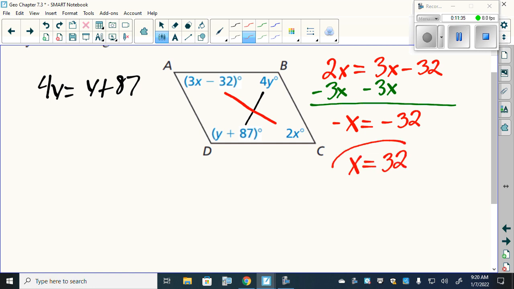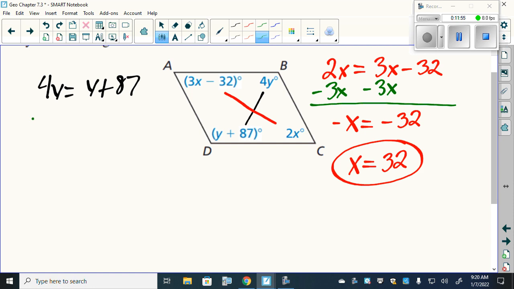Because if negative x is equal to negative 32, then positive x should equal positive 32. We could have also gone about it by multiplying both sides by negative 1 and gotten to the same thing. So we found the value of x.